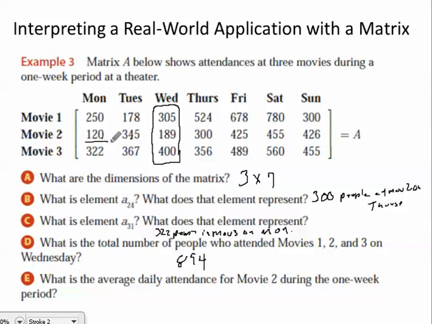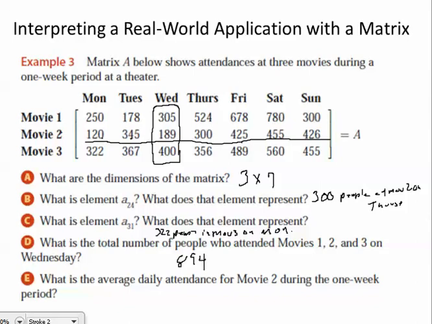Average, that means I need to take movie 2 going across this way, add those all up. Well, I can't add those up in my head, so I'm going to whip out a calculator real quickly. And I have not done this in advance, so 120 plus 345 plus 189 plus 300 plus 25 plus 455 plus 426, and I got 2,260.